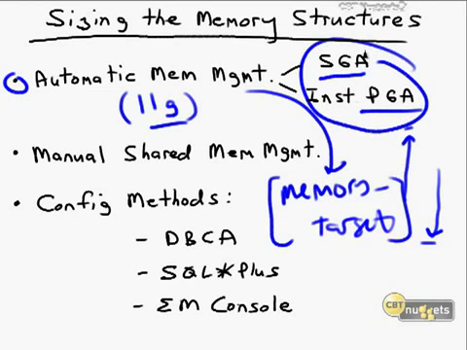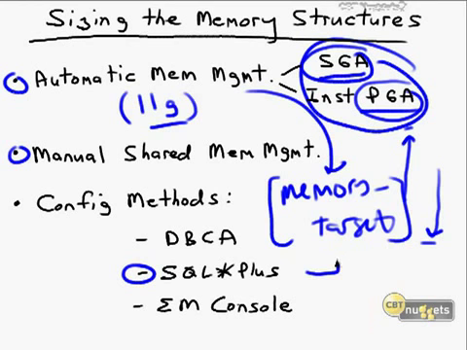But as I said, you can selectively do AMM for SGA or PGA, or you can do manual shared memory management. It's up to you. Specifically, how do we size the memory? It's pretty easy, actually. You can log into SQL Plus and run an alter system set command, which I'll show you in the demo in just a moment, to change the memory target value, or if you want to do manual memory management, you can do that as well.